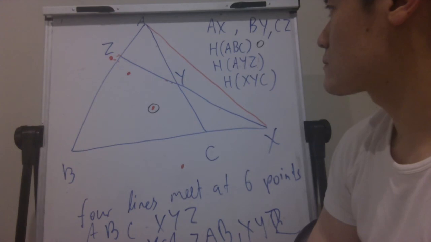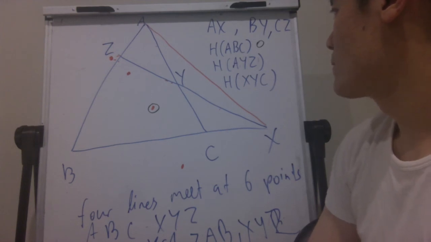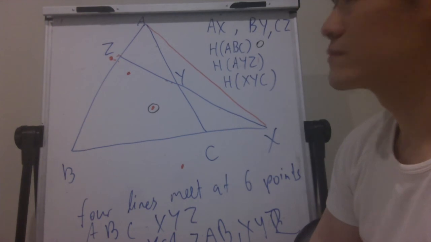Wait, do you mean XBC? Like the orthocenter. CZ. Oh, you mean one point?